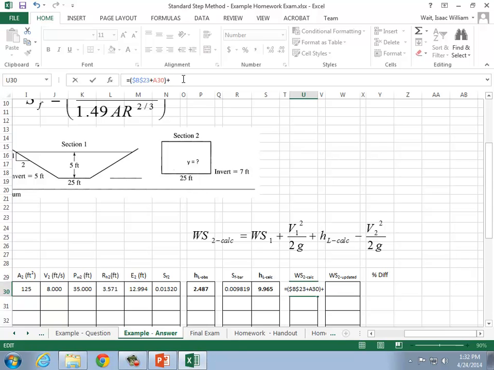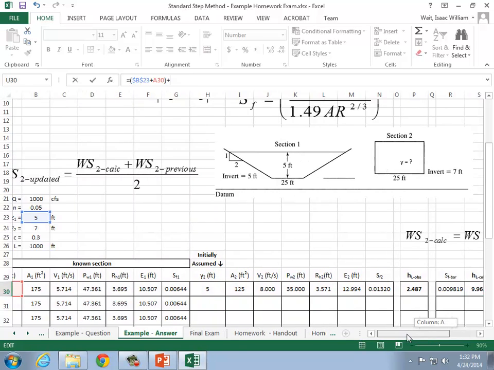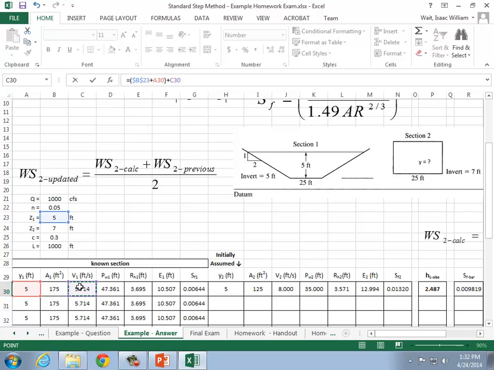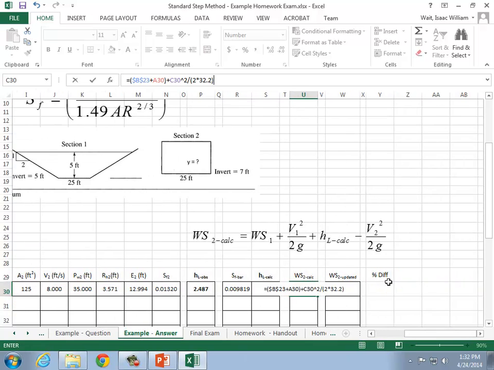And now I'm going to add the velocity head at 1. So velocity head is v squared divided by 2g. Okay. Plus the calculated head loss. So now I have to put in the head loss calculated, which is cell S30. I'm having the same problem as I did last time, where since the cell is centered, my formula is starting to get in the way of where I'd want to click.